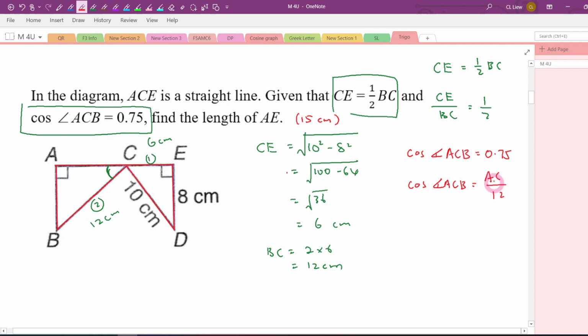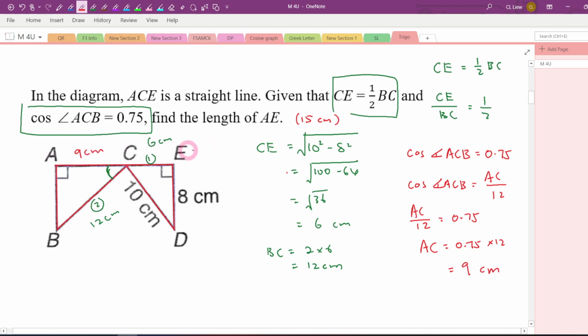Now, these two are actually the same thing, right? So you can write AC over 12 is equal to 0.75. From here, we will be able to get AC. So AC is 0.75 times 12 is equal to 9 centimeter. So this is 9 centimeter.